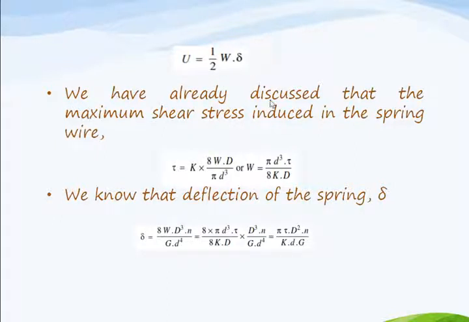We have already discussed the maximum shear stress, tau equals K into 8WD by pi d cube. From this we calculate the W value, because we need W and delta in order to calculate the energy stored. W is equal to pi d cube into tau by 8 K D. We also know the deflection equation, delta is equal to 8WD cube n by G d power 4.